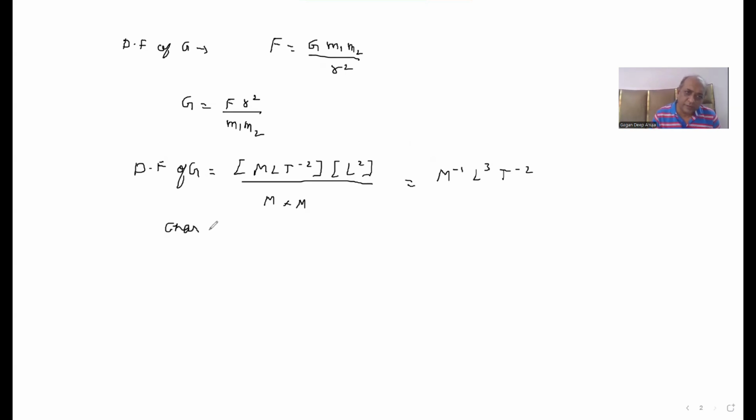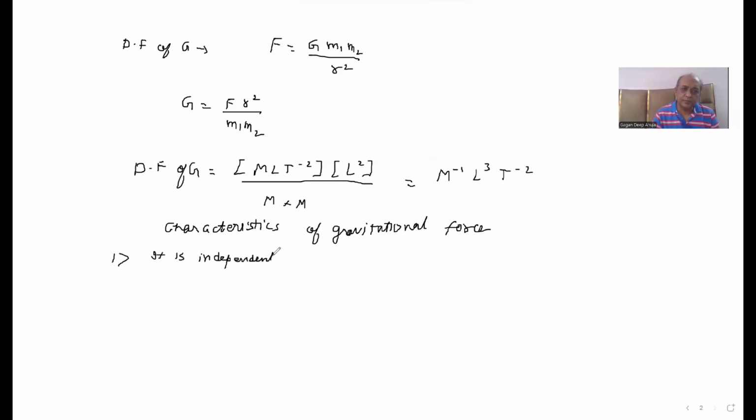So the number one characteristic is that it is independent of the medium between two objects.